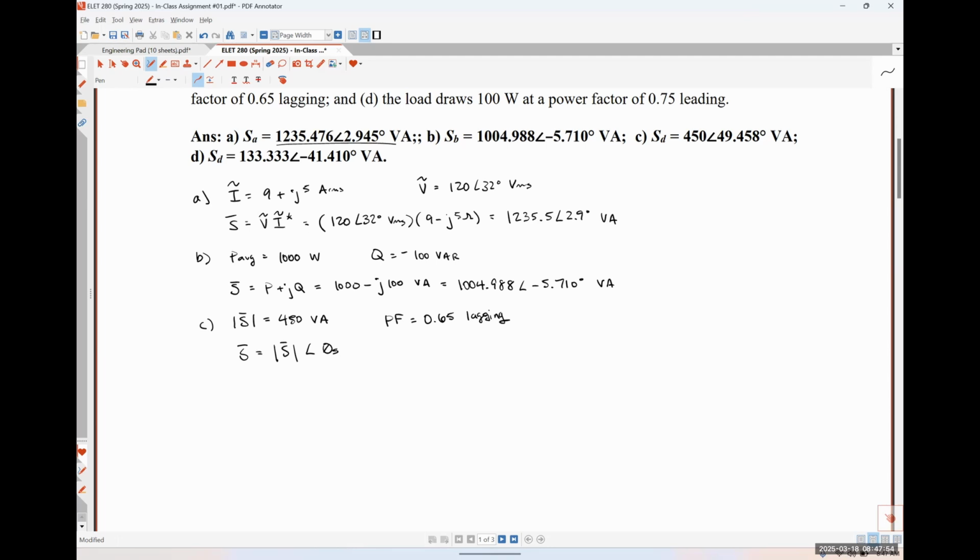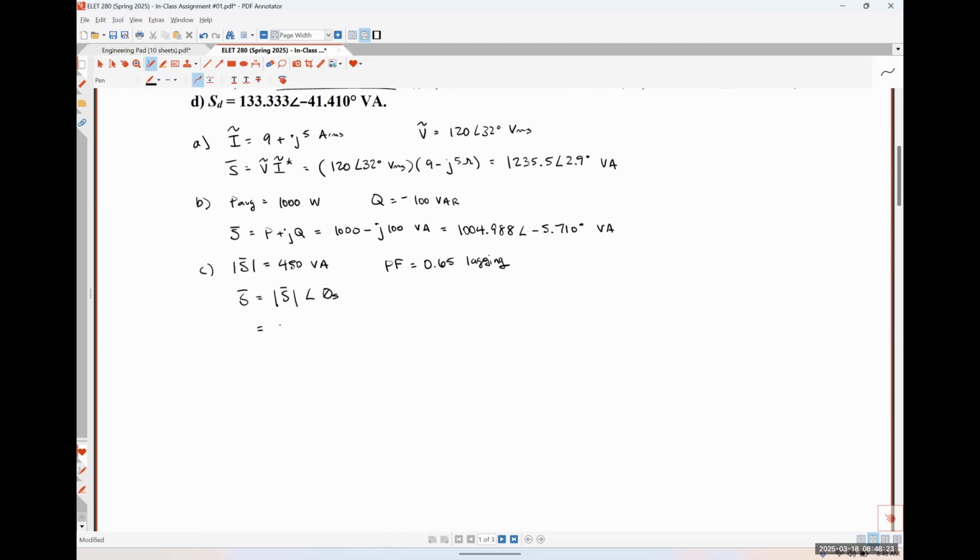So we already have our apparent power. The only thing we need to figure out is how to use power factor to calculate theta S. Does anybody have any thoughts? Arc cosine, absolutely right. Literally that simple, right?